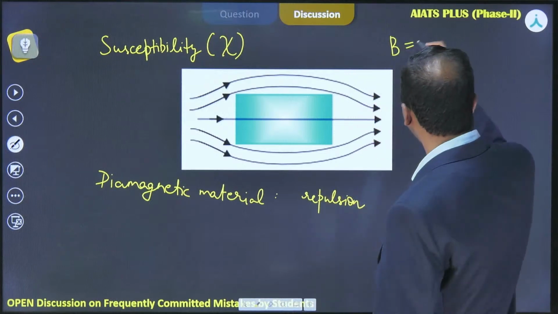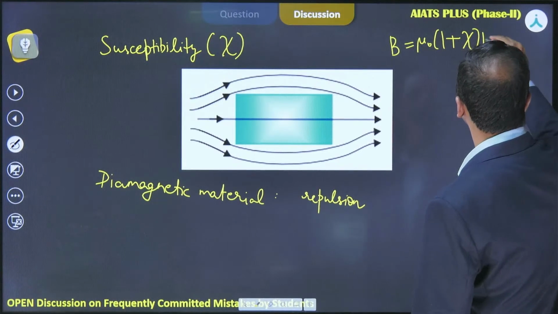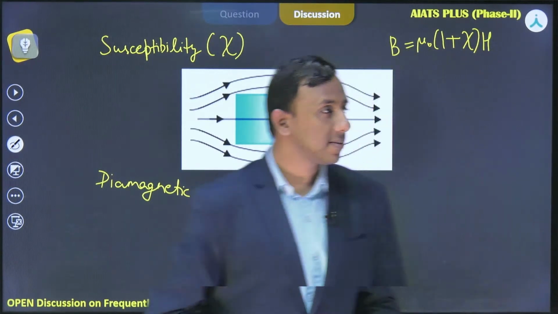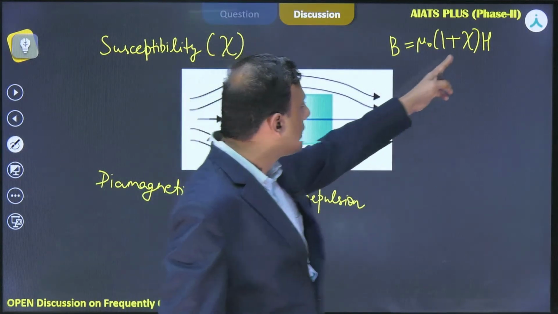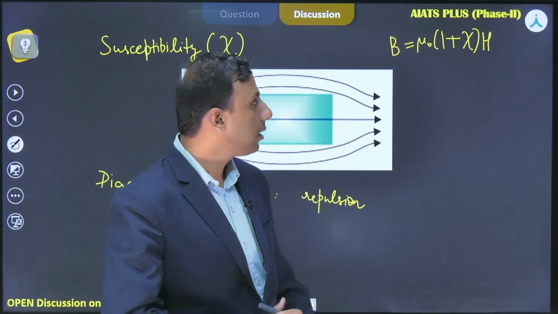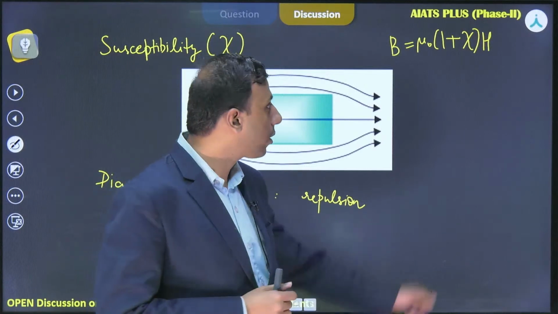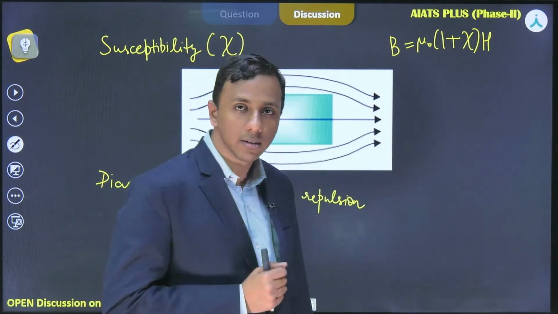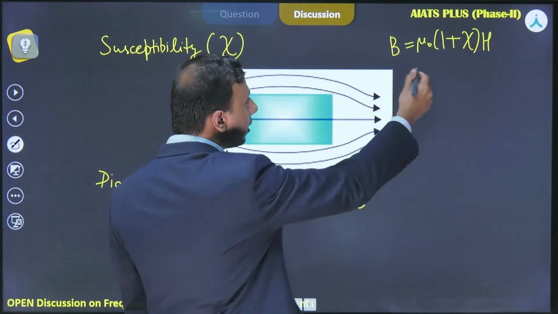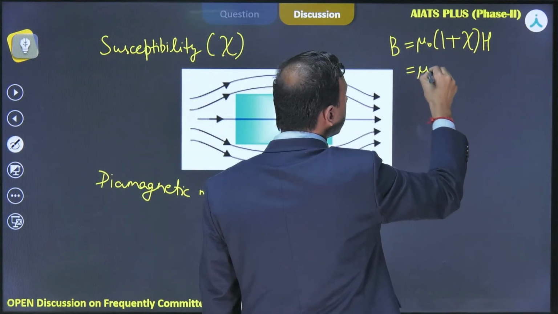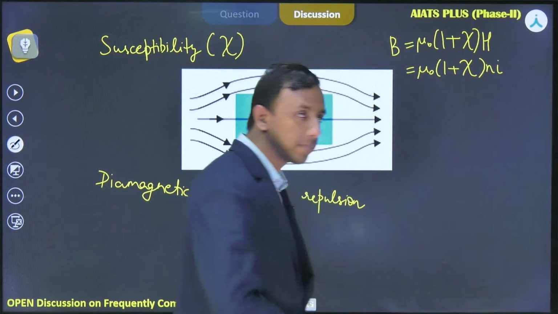We had written mu naught into 1 plus xi into H, where mu naught you already know, and 1 plus xi I just told you, and H is the magnetic intensity, which has an ideal formula n into I. n is the number of turns per unit length, not number of turns, and I is the current passing through the solenoid. You can substitute it as 1 plus xi into n into I.